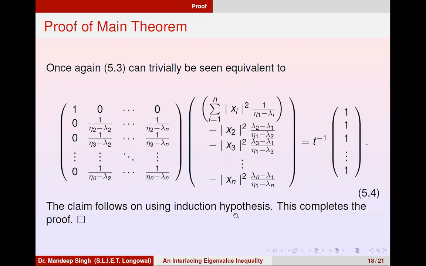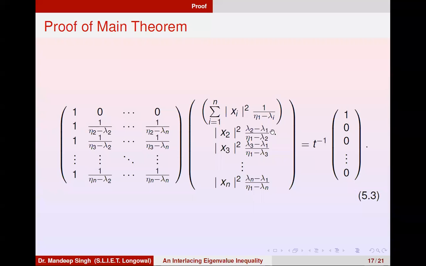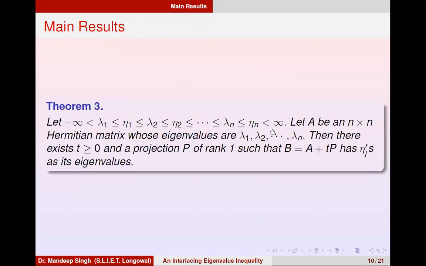They give me the solution mod x1 square, mod x2 square, mod xn square. They give me rather positive solution using induction hypothesis here, right? Once you get these xi's, that means you get the required P, which is to be found out.